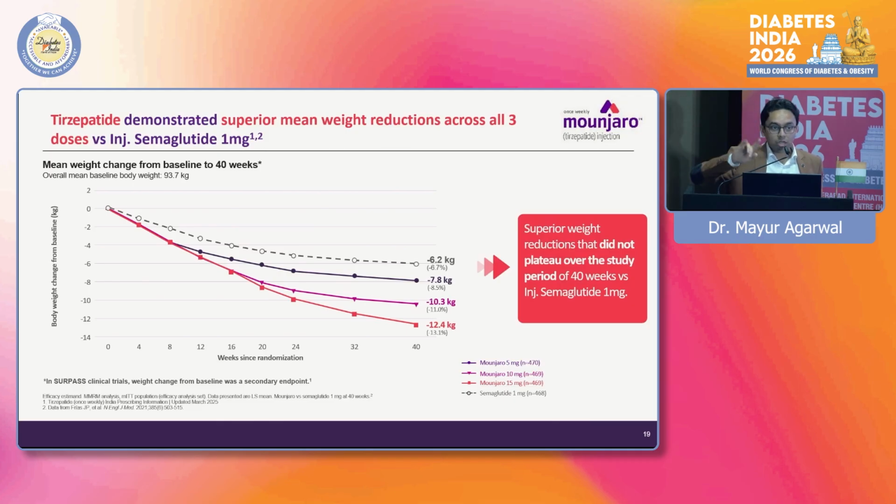Okay, so that's the longest trial in all the SURPASS and SURMOUNT. So probably continuing the drug will have more effect. This data is for 40 weeks. Okay, so the data stops there. So there you have a weight loss of 13% with the maximum dose of tirzepatide, which is 15 mg, versus 6% with semaglutide 1 mg.